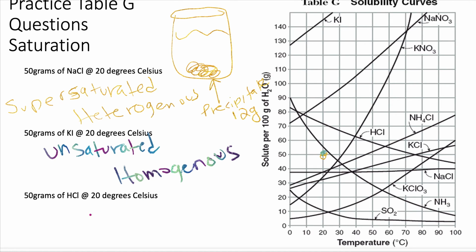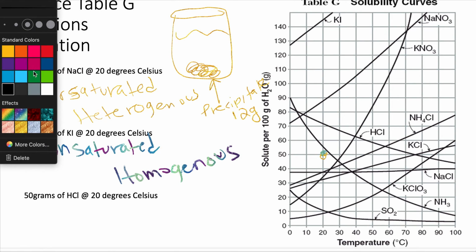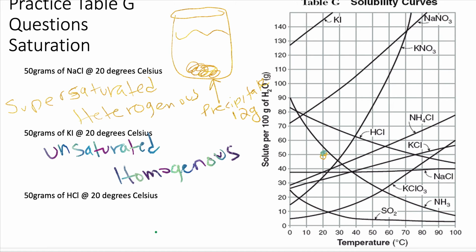And this last one, I'm going to use a green. This last one also says 50 and 20, so it's going to go right over here again. And we're looking at HCl. And HCl actually goes under.